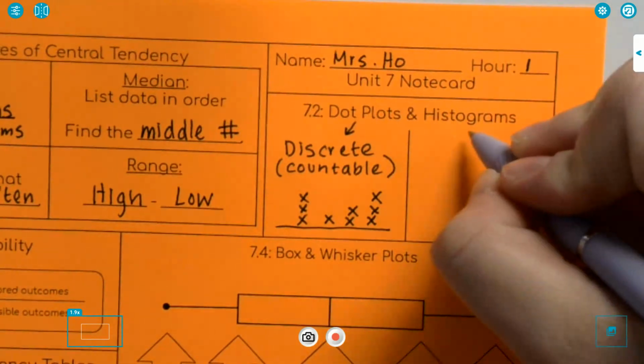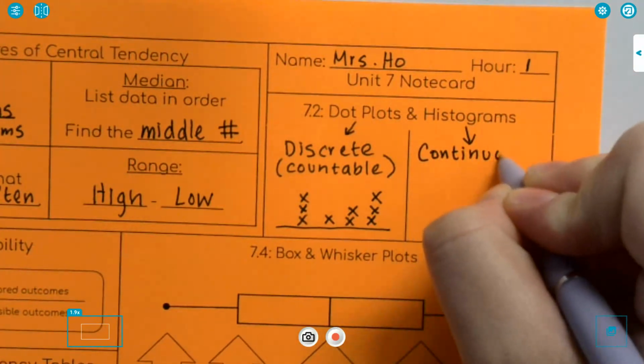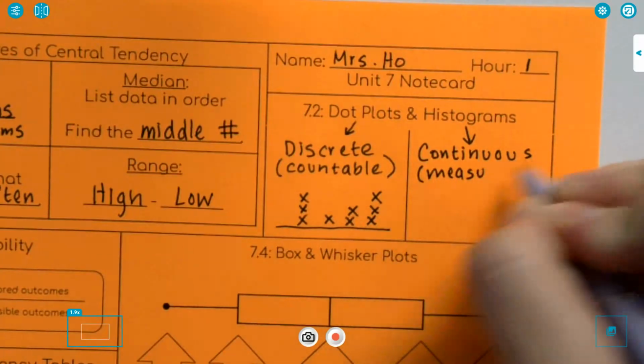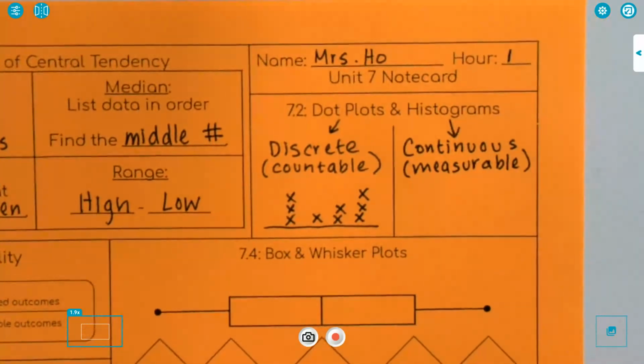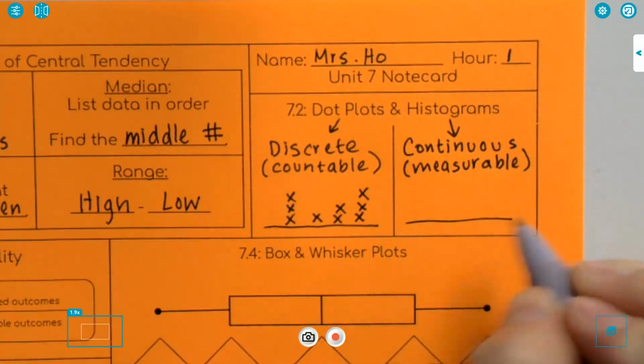Okay, histograms we used with our continuous data. And that is data that is more measurable, I'm so bad at saying that word, than countable. So things like height, weight, distance. And a histogram, they were the ones that looked like this.